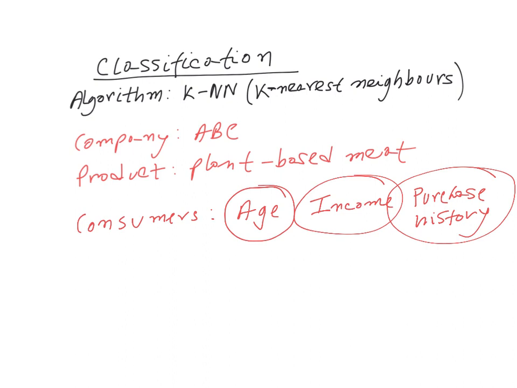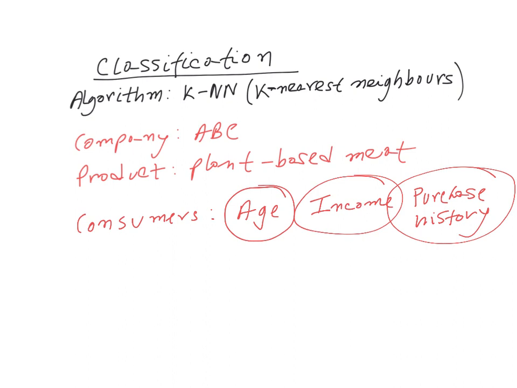So you need to find out potential buyers so that you can send the discount voucher. You cannot send discount vouchers to all the consumers because it's a huge number. You need to find out who the potential buyers are, and you can offer the discount vouchers to them.